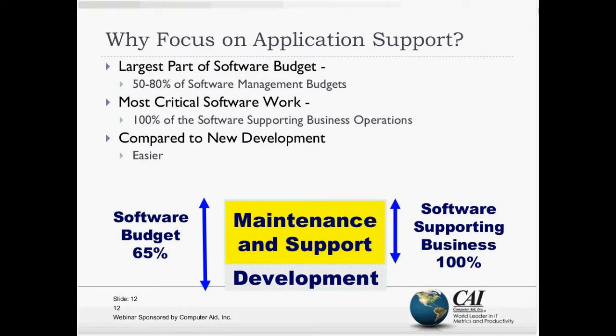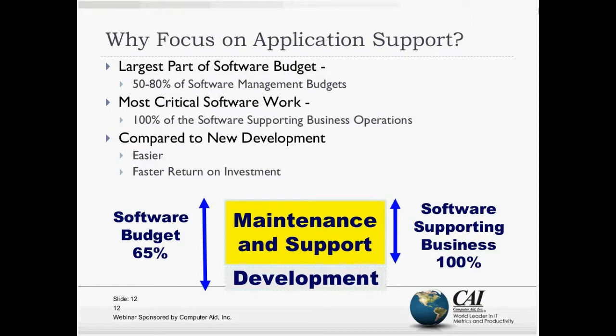And from a support standpoint, compared to development, it's easier to get improvement. There's a faster return on investment because the turnaround cycles on maintenance activity is quicker than the turnaround cycles on projects. You've got a project that might last anywhere from a year to 2 years.